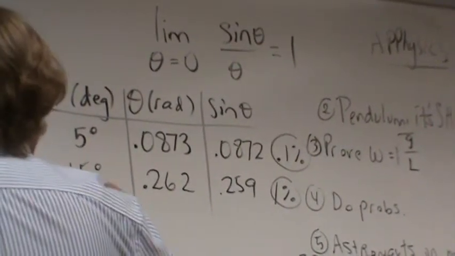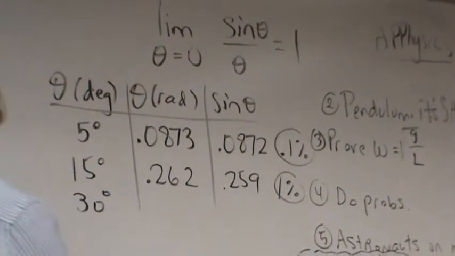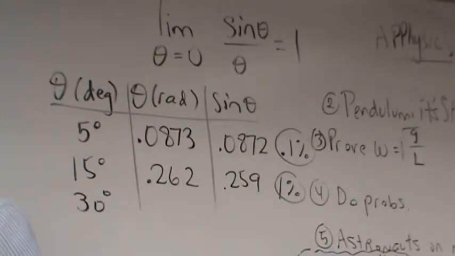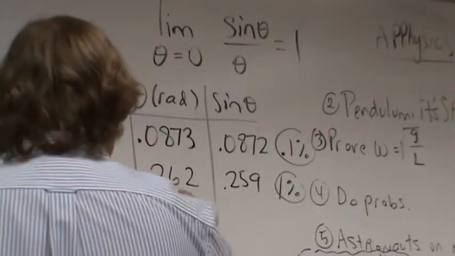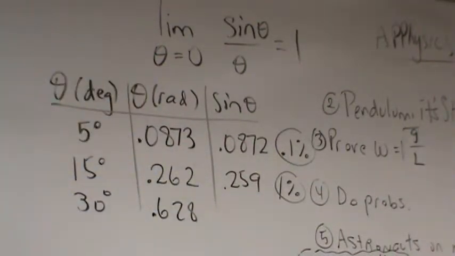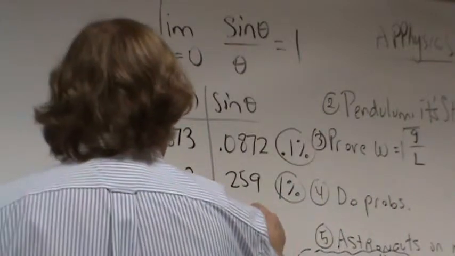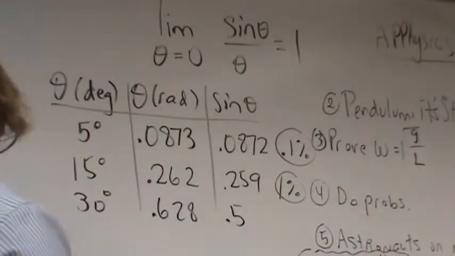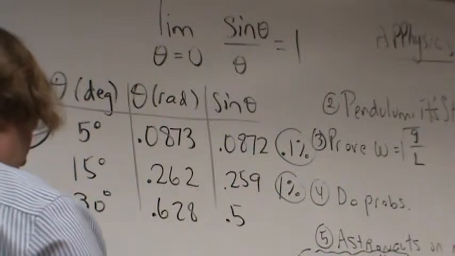I could even go as far as 30 degrees. 30 degrees is 0.628 radians. And of course, the sine of 30 degrees is 0.5. Wait just a second. Oops, I messed up.